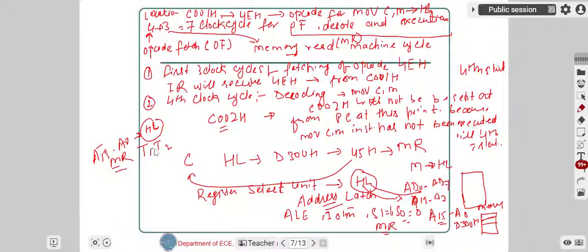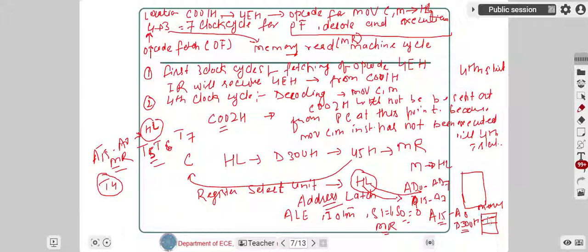So it will now be T5 and T6, because up to T4 there is the opcode fetch machine cycle. During T5 and T6, the pointing out of the memory location would take place. On the other hand, during T7, the contents from this memory location D300H would be copied onto the C register.